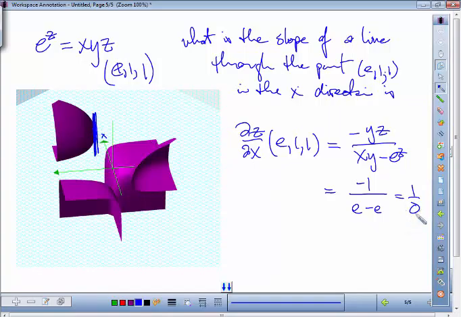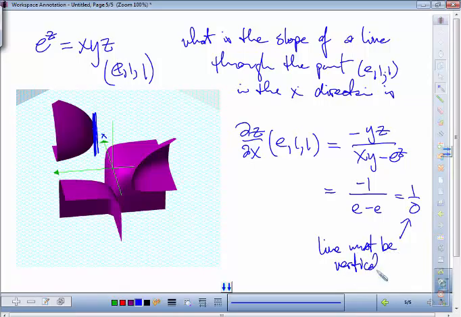So we have an infinite slope, which means the line must be vertical. Didn't mean for that to happen, but we got 0 in the denominator, we got an undefined slope, and so we must be talking about a line that goes straight up and down. That's our tangent line at that point. All right?